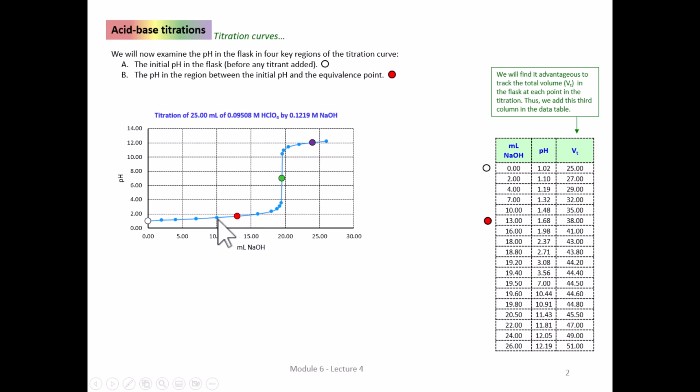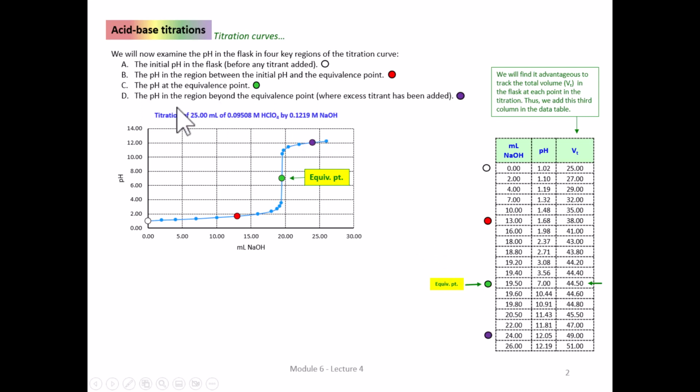We could have chosen the one at 10 milliliters, but I chose the one at 13 milliliters of added titrant. We'll look at the pH at the equivalence point, which we know is 7, but we'll look at that in a little more detail. And something new from the last lecture, we'll look at the pH in the region beyond the equivalence point.